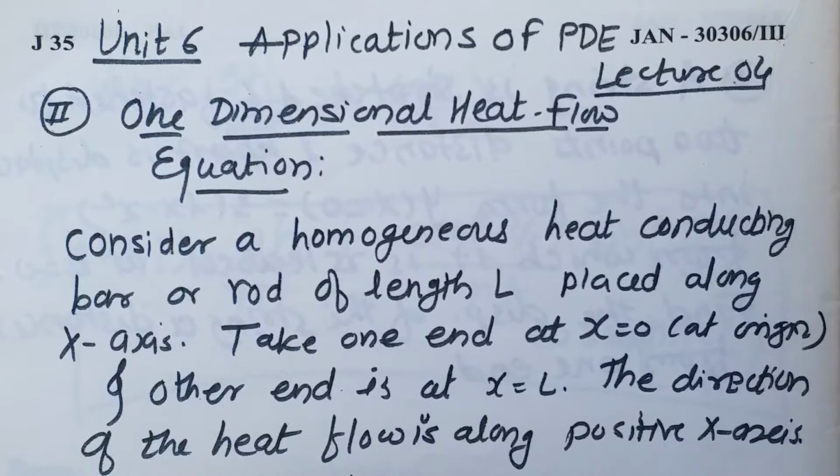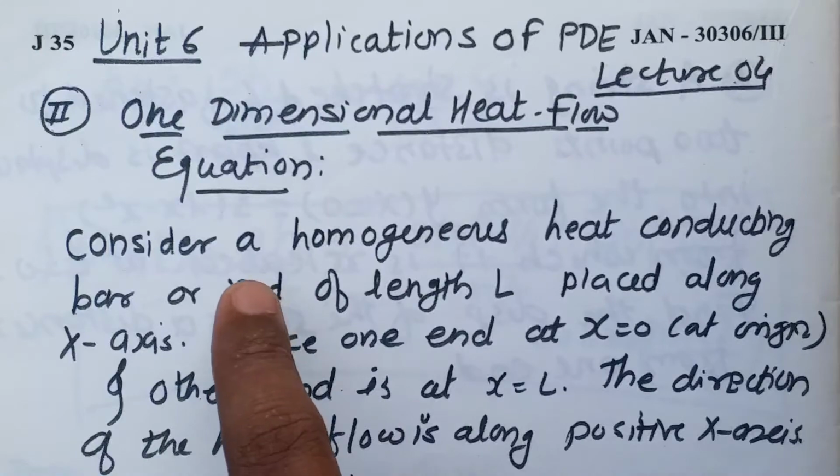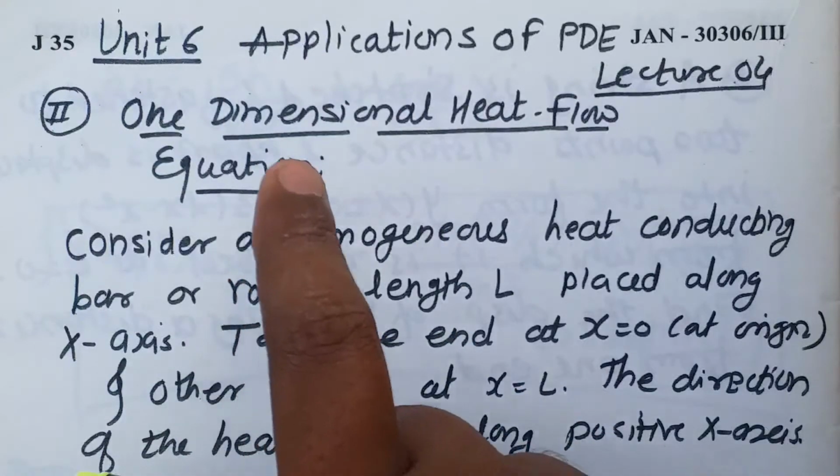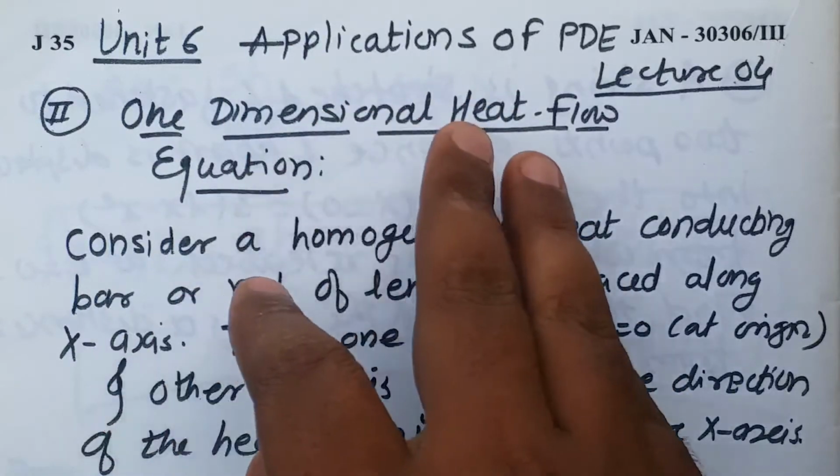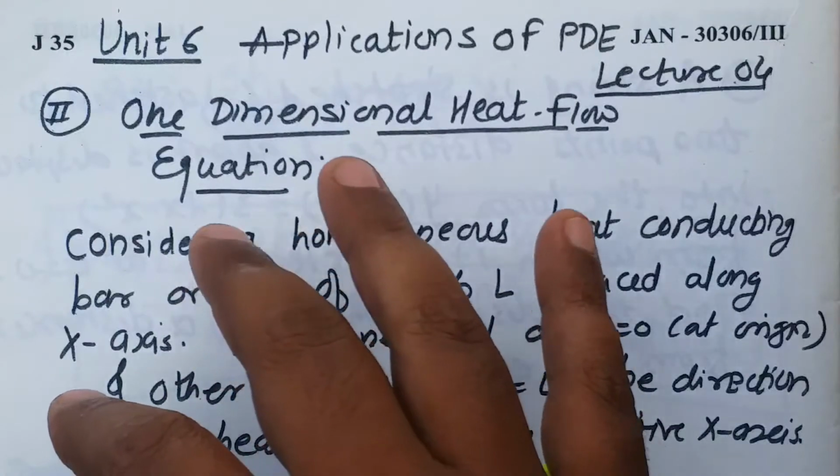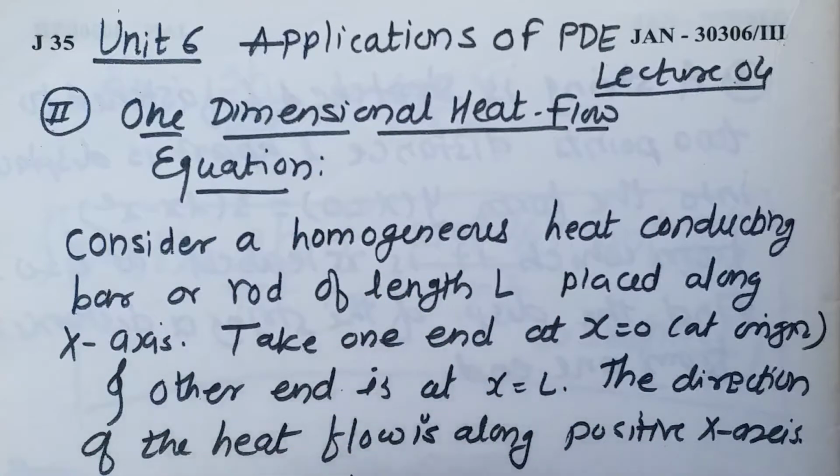It depends on two variables, the value of x and the value of time t. Like that here also we have a one dimensional equation, but the case is changed to heat flow. Instead of having waves, we'll have heat flow here.